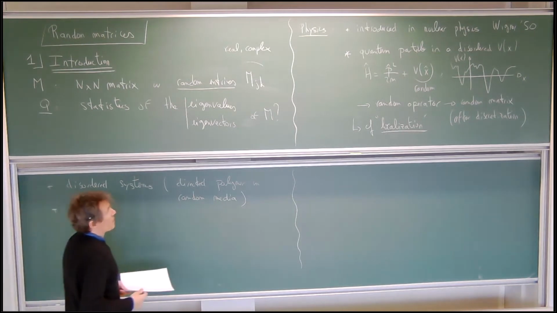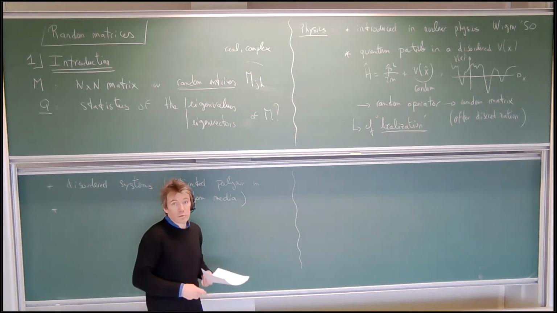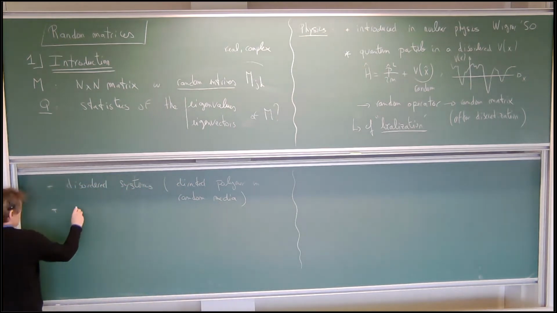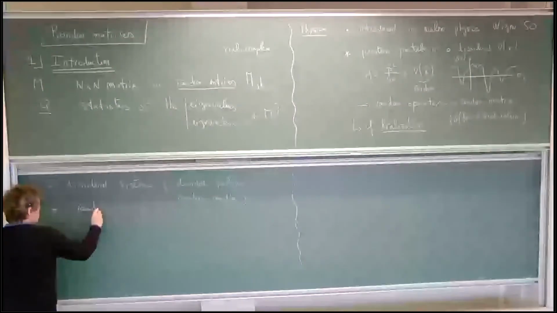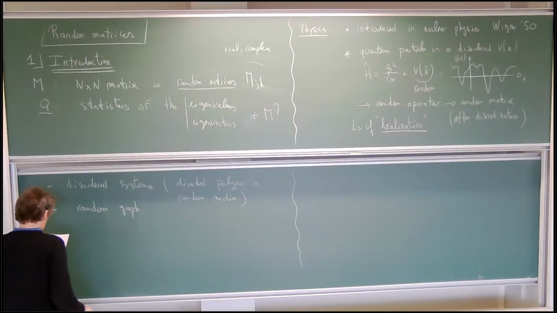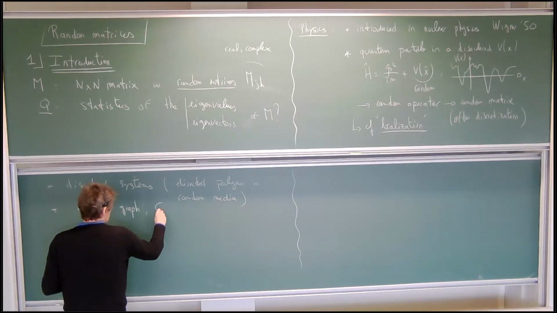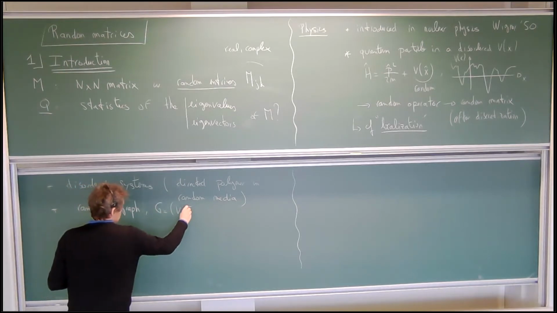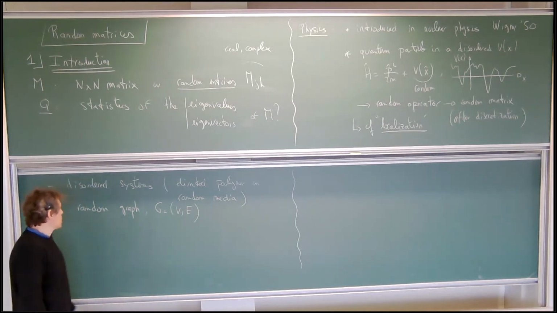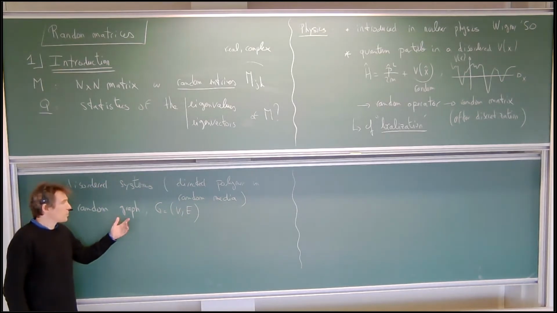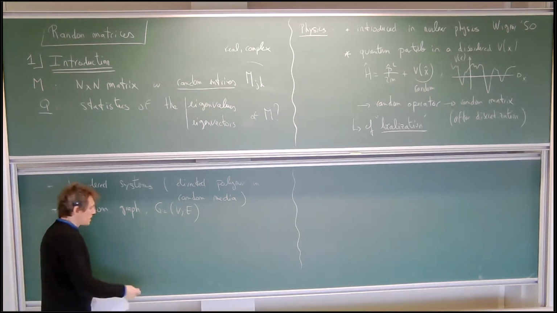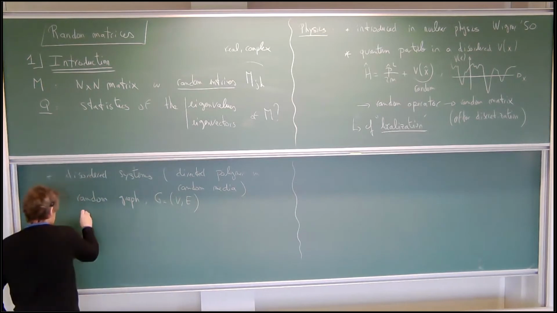Another topic that we have already encountered, and which is of course directly related to random matrices, is the problem of random graphs. Right. So if you take, say, a graph G, which is just given by a set of vertices and some edges, well, you have seen that a natural way to encode the properties of this graph is to look at the adjacency matrix.